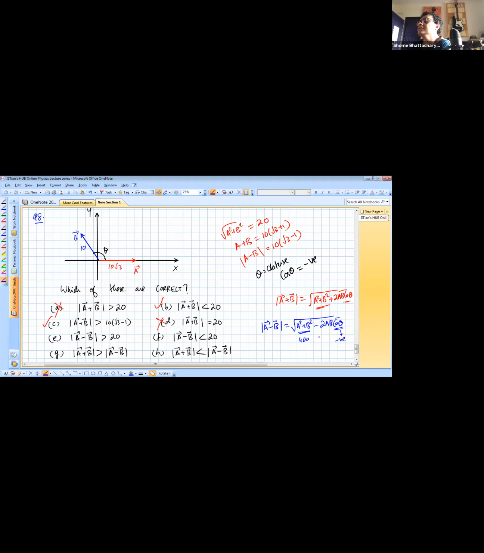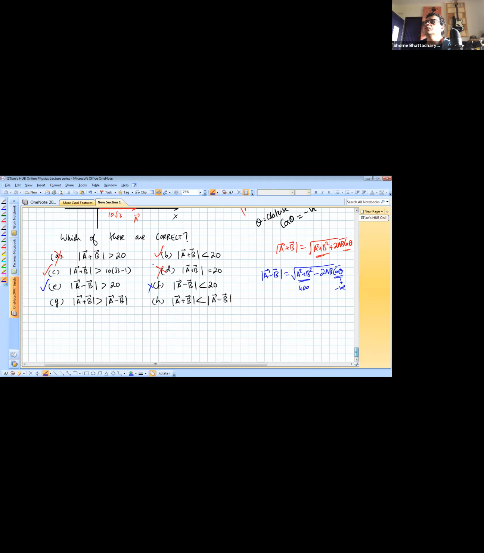So obviously this is becoming greater than 400. So which option is the correct one? This is the correct one, this is the correct one. And now you can see logically here that mod of a plus b is less than 20, this is greater than 20. So that means this option is wrong and this is the correct one. So the options which are correct are B, C, E and H.